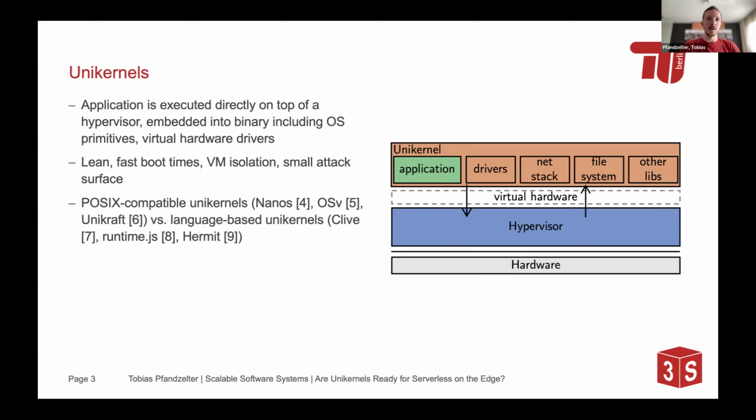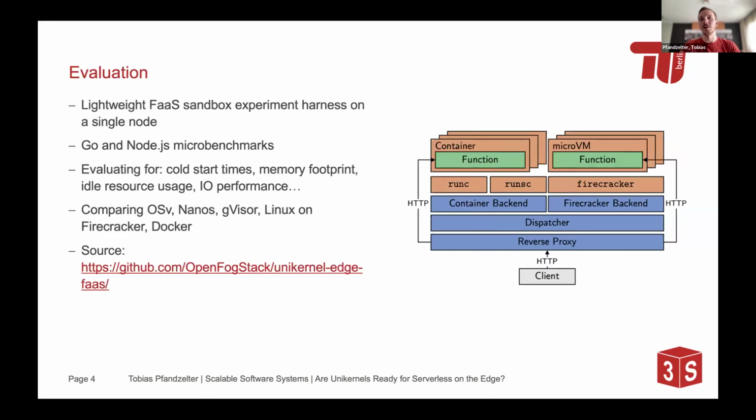We wanted to look at the first kind, POSIX compatible Unikernels, because for FaaS, we normally want a known and comfortable execution environment for all different kinds of applications.